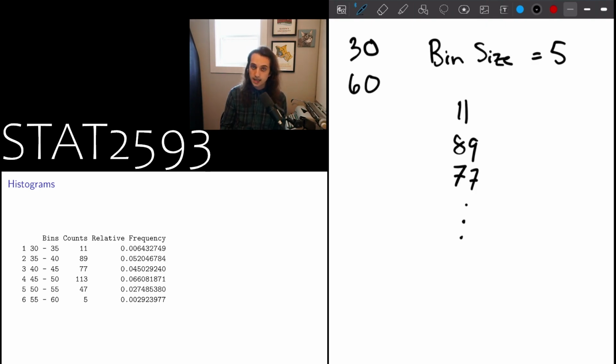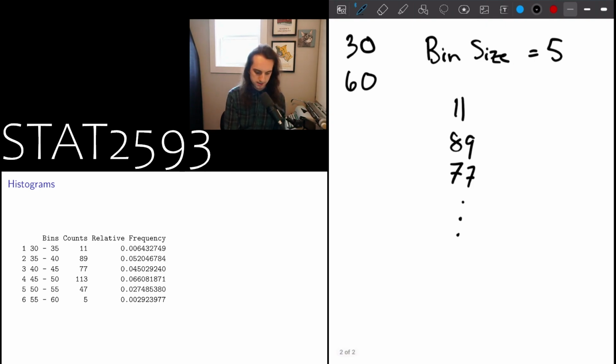If instead of those counts we wanted to use a relative frequency, then what we need to do is sum up all of those values. So we'll have 11 plus 89 plus 77 plus 113 plus 47 plus 5. Then we take each of those values and divide by that.